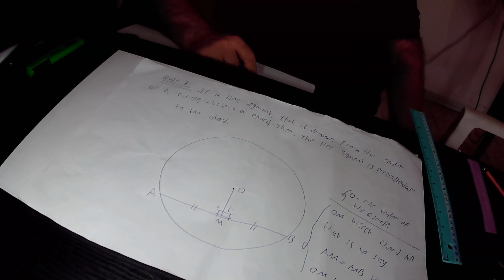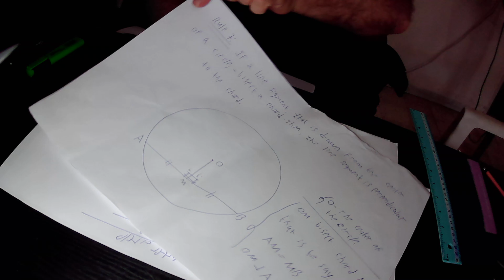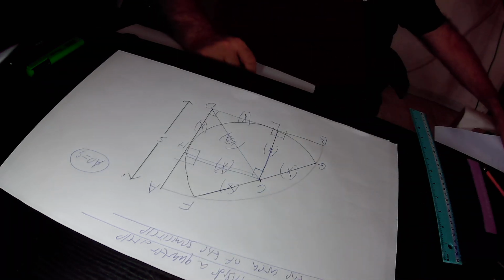So whenever you draw from the center of the circle any line segment that bisects a chord, then that line segment will also be perpendicular to that chord. So we can actually implement this rule 7 in our drawing. Why?